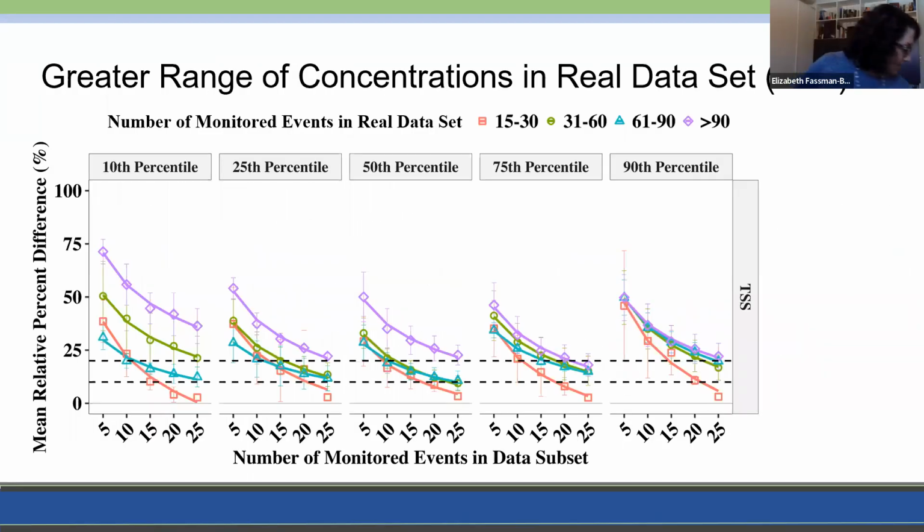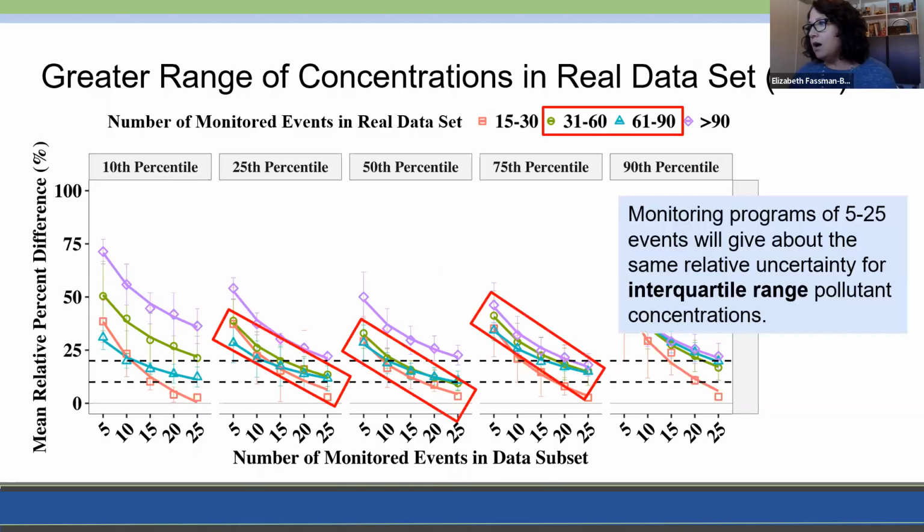So the first outcome here is that TSS shows the greatest range in pollutant concentrations in the real data sets. And what we see is that the family of curves showing the uncertainty, or the relative percent difference, for each of our percentile values from the 25th to the 75th percentile, that interquartile range, they overlap.